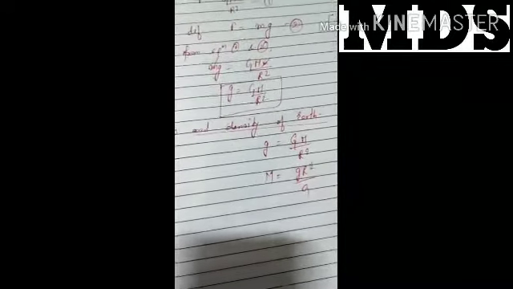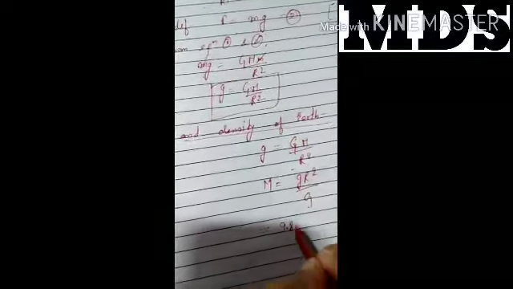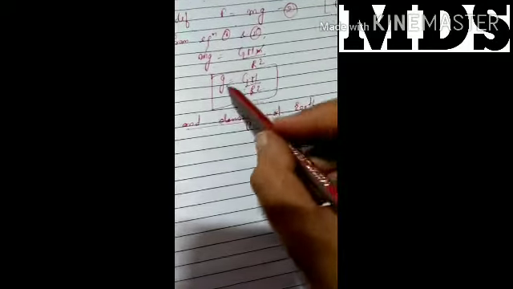From here we can write M = g R² / G. Now we put in the values of all the constants. Here g is 9.8 meter per second square on our earth.